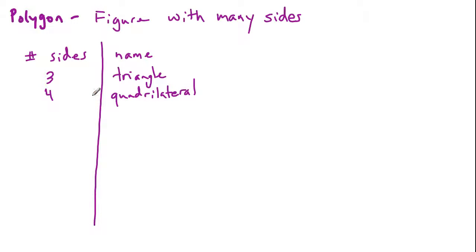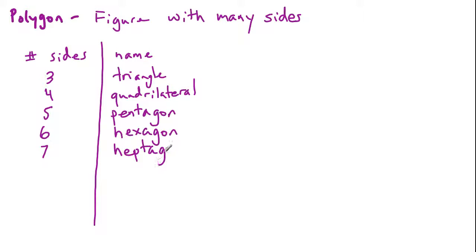Okay, and maybe some of these are less familiar, but a five-sided figure is a pentagon. Okay, six-sided figure is a hexagon. Right, seven-sided figure is a heptagon, and we're going to go down to 10.